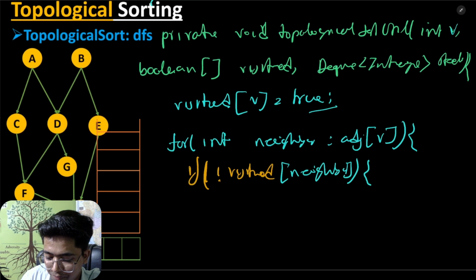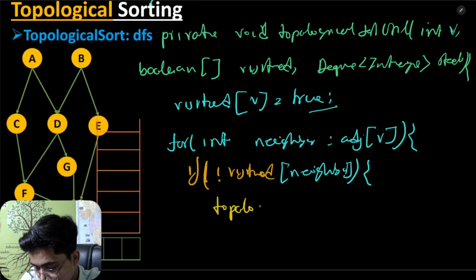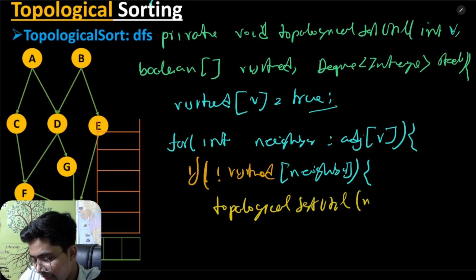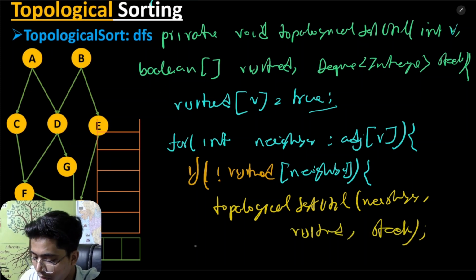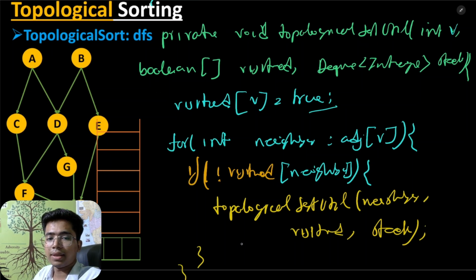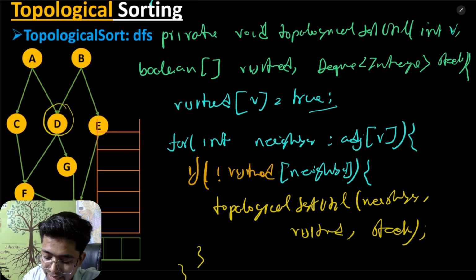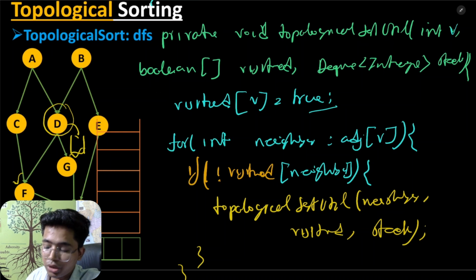So topological sort util, and we pass the neighbor, the visited array, and the stack, and recursively it will run again in the same way. Then at the end, once this node is entirely processed and its children are both visited, we push that node into the stack.